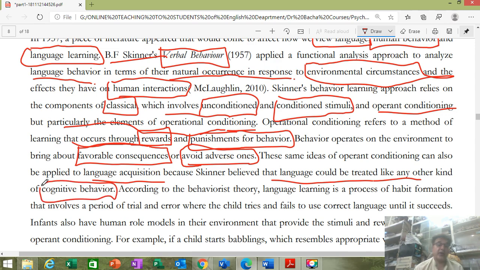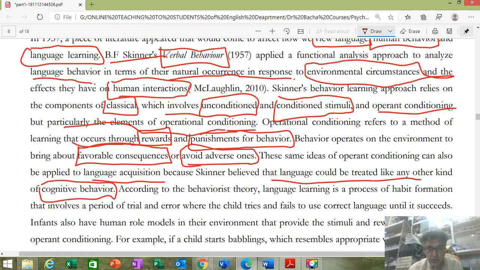So remember, most of the experiments which were carried out were about animals' behavior. But B.F. Skinner extended the experiments to humans, particularly to their language.